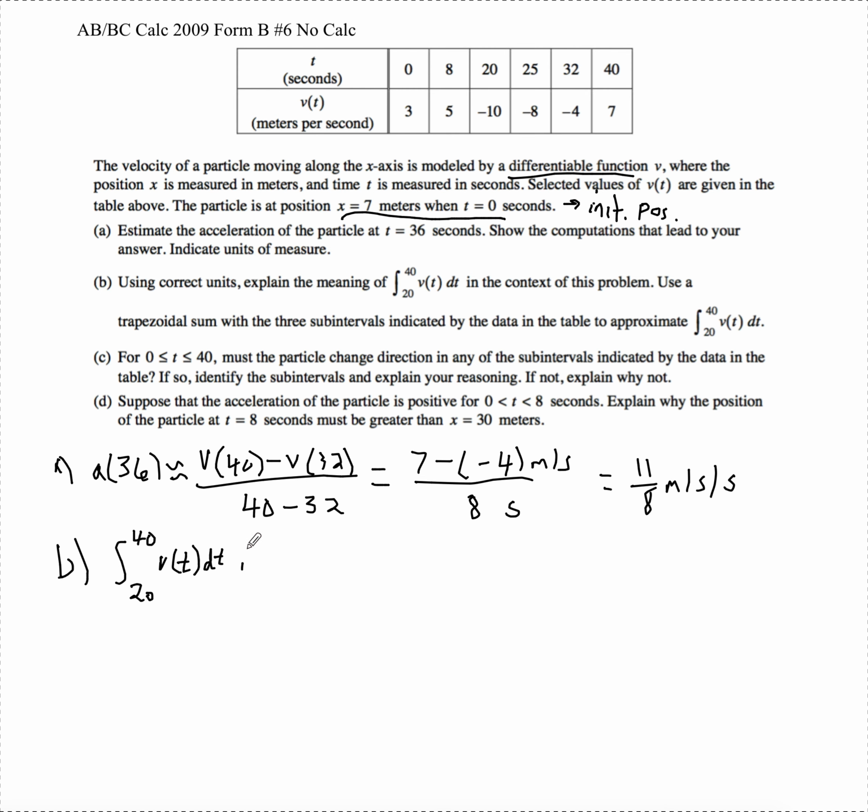So this integral is the change in position. We also always want to indicate units. Change in position, you have to indicate units in meters because our velocity was meters per second. So it's the change in position in meters of the particle.